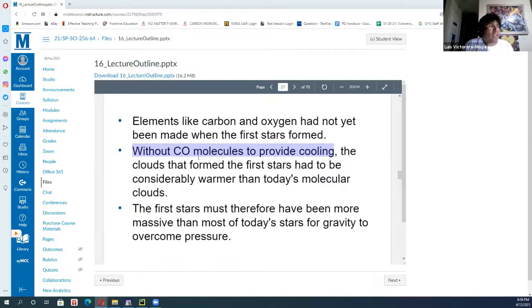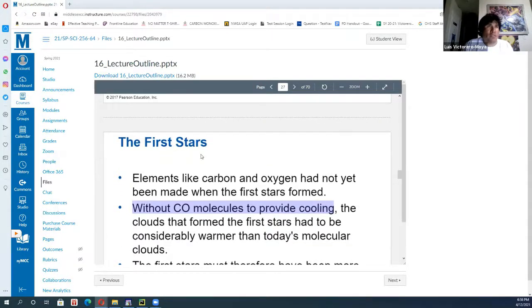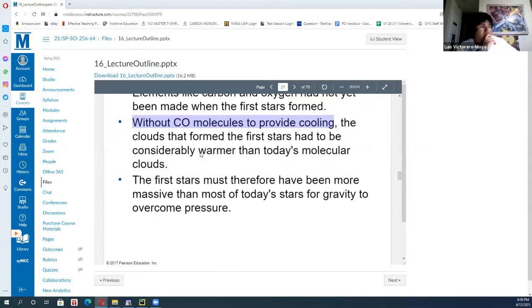Right? We're talking about the first stars that were born in the universe. All right? So what are the characteristics of the cloud where the stars were actually born, right?